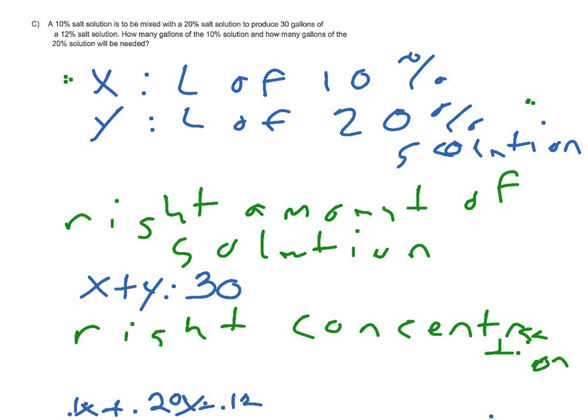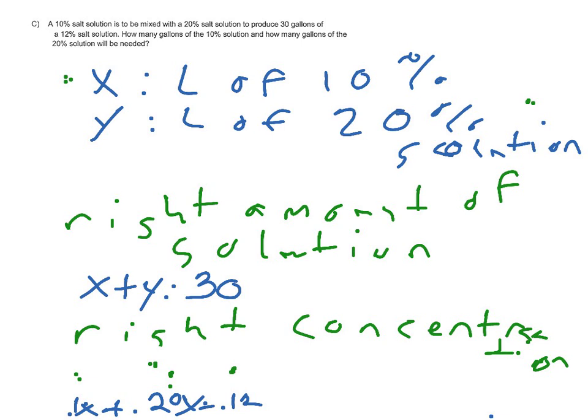So you have 0.1 times x plus 0.20 times y is equal to 0.12. Now, remember, this is the actual amount of salt coming from the first solution, and this is the actual amount of salt coming from the second solution. And you want your resulting solution to be 12%.